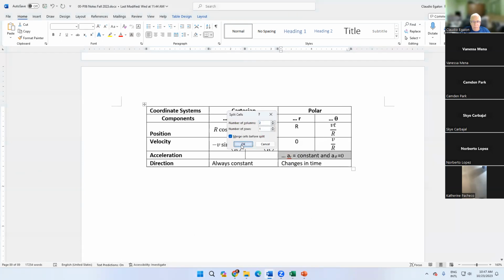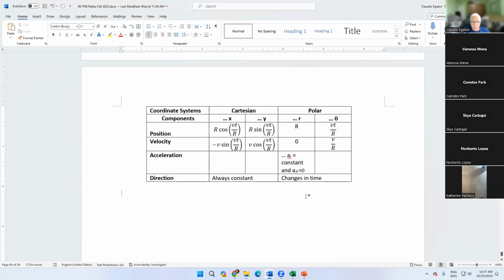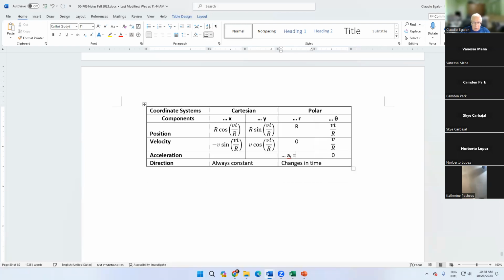Here, for sure, is gonna be 0. But we do not quite know what's gonna be a sub r, okay? That we have to calculate. And there is a way to calculate it. We are gonna do it. Let's look at this one first.